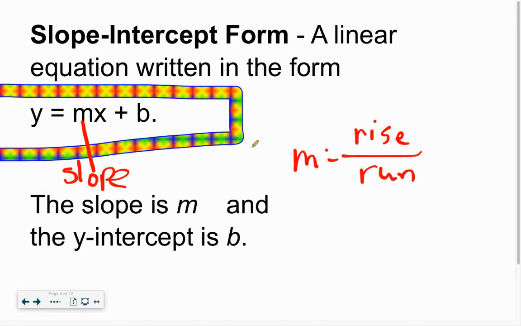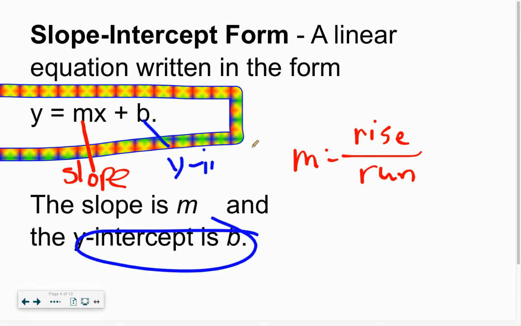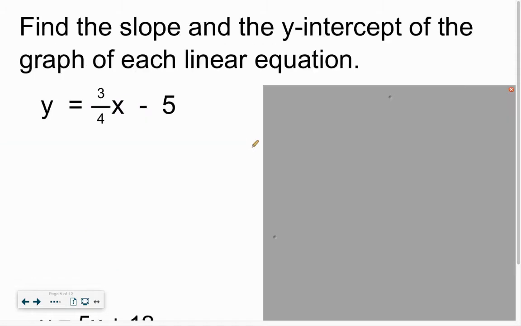And then our y-intercept is b, the initial value, the starting value. Every time we talk about writing the equation, it's going to be in slope-intercept form. The nice thing is, if it's in this form and I ask what's the slope, no work. What's the intercept? No work. You just find it.